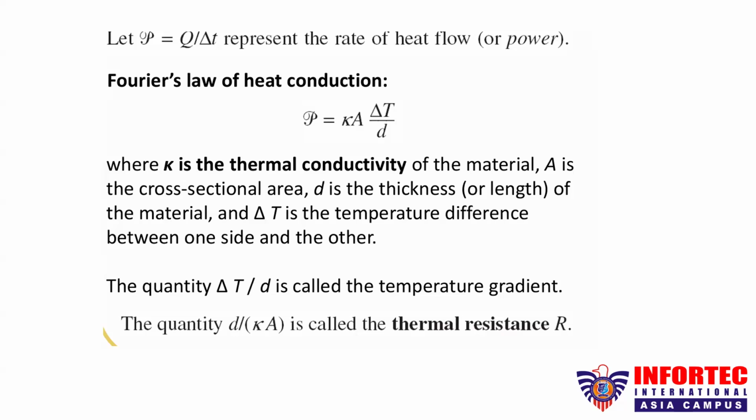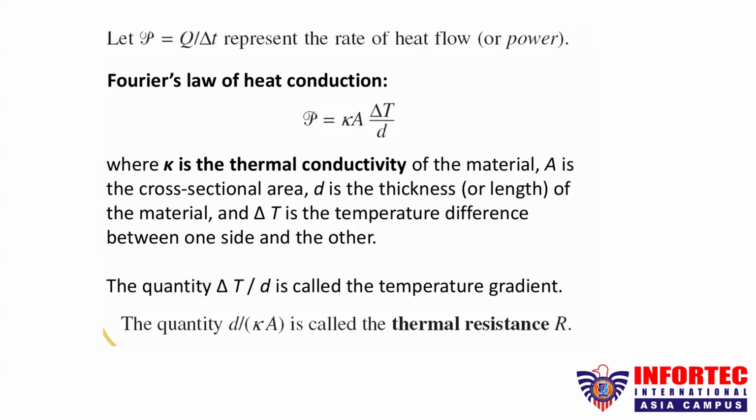Then k is the thermal conductivity. In the questions, the thermal conductivity will be given for the materials. A is the cross-sectional area and D is the thickness or length of the material. And delta T is the temperature difference, the temperature change from one side to another.